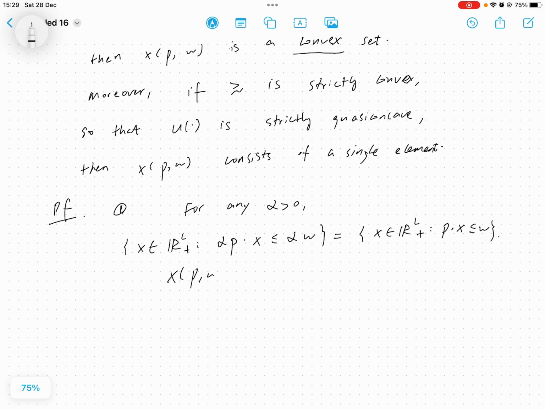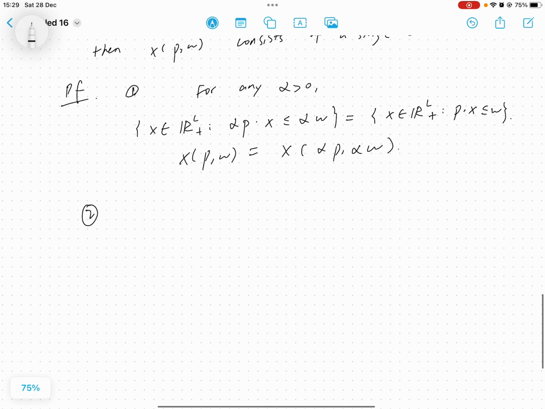So x(p, w) has to be the same as x(alpha p, alpha w). This doesn't need any requirements or assumptions on the utility function. Good. So that's the homogeneity of degree 0 of x.